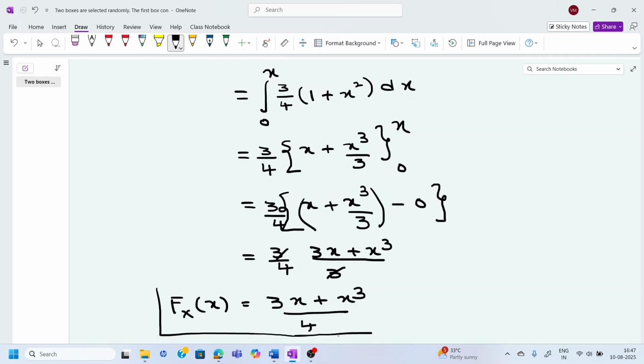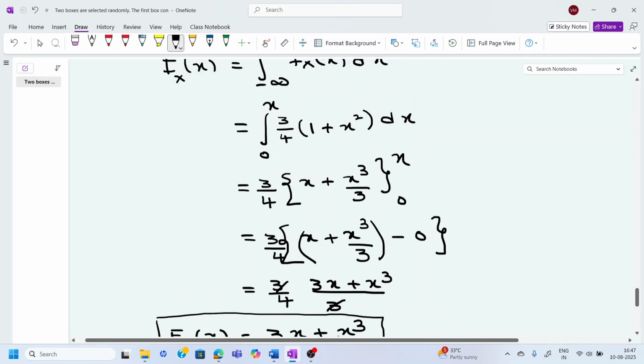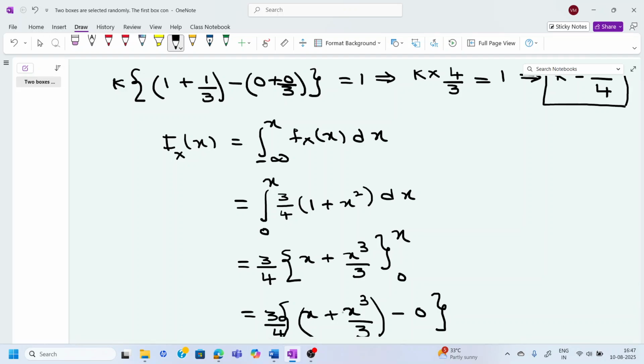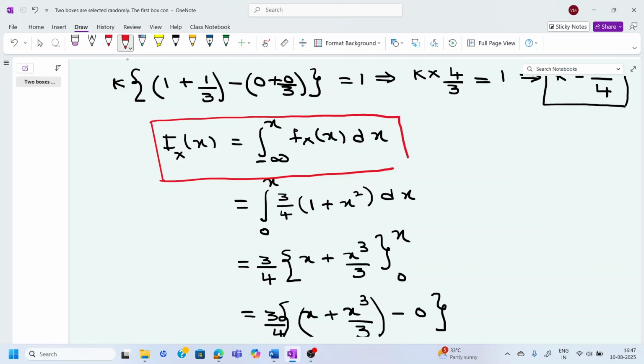Here, what are the things required to solve this problem? The first thing is we should know the relation between the distribution function and the density function: F_X(x) is equal to the integral from minus infinity to x of the density function f_X(x) dx.